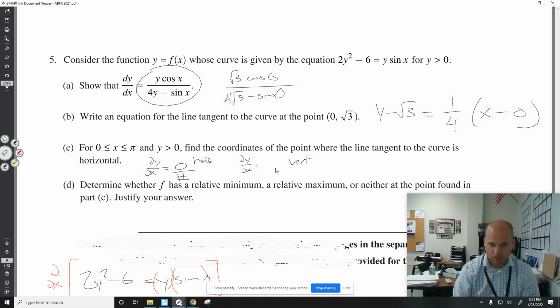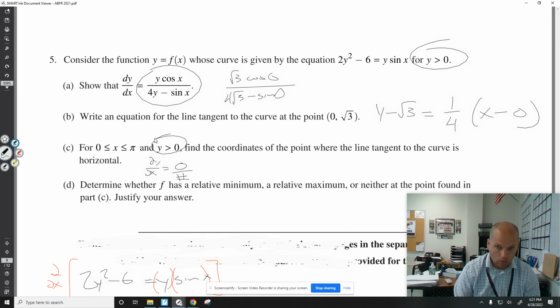Undefined is a number over 0. Don't forget this. I don't know what it is on your test, but I know it's implicit, and I know they're asking you for a horizontal or a vertical tangent. Okay? So all we care about is the top equaling 0. They make sure to remind you, y's are positive.